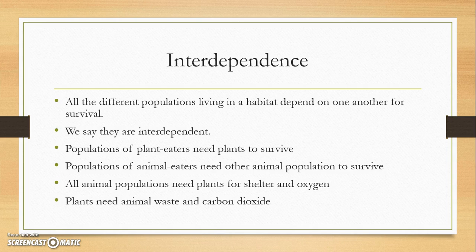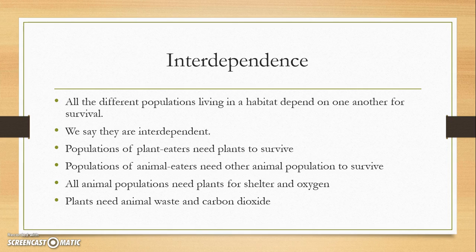All the animal populations need plants for two things: for shelter, to hide from enemies and from the weather, and for them to breathe. Because plants produce oxygen, animals need the plants for oxygen, and plants also need the animal waste.